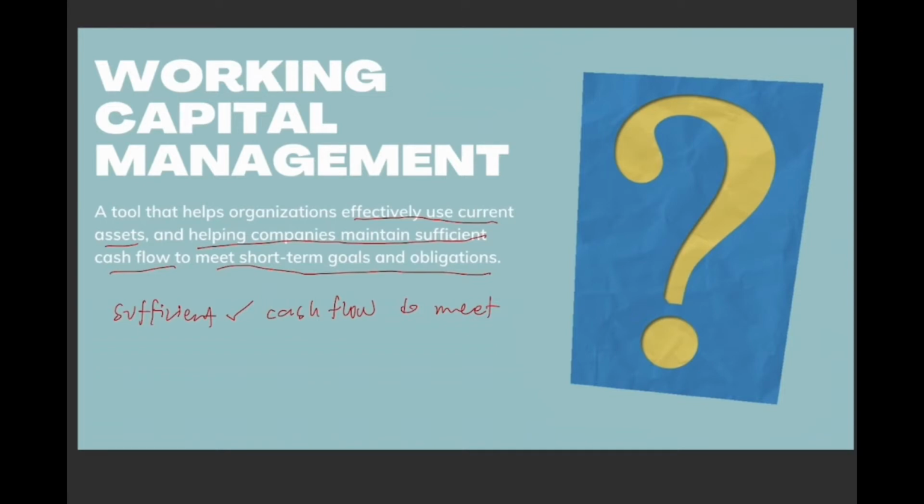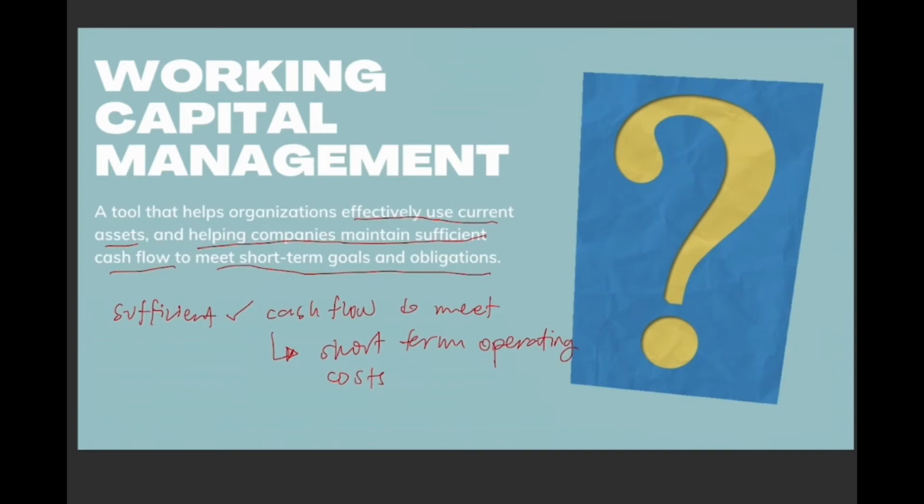Working capital management helps maintain the smooth operation of the net operating cycle, also known as the cash conversion cycle. Later on, I'll introduce to you what the cash operating cycle is. Working capital management can improve companies' earnings and profitability through efficient use of its resources.